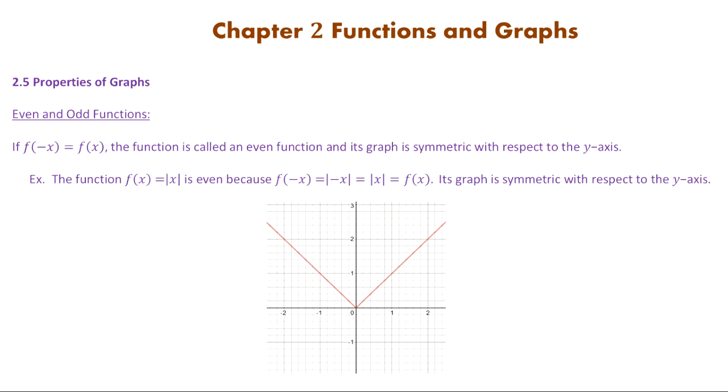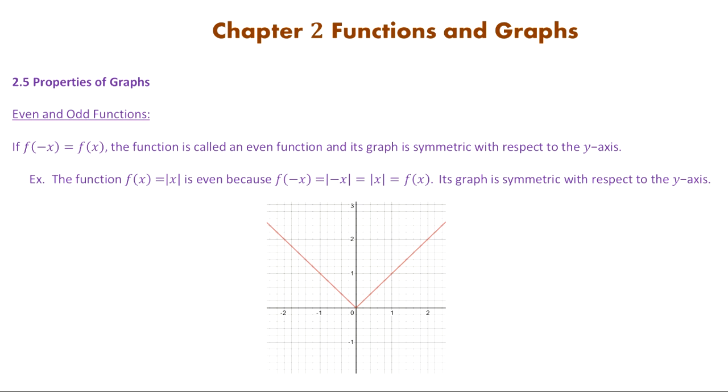Okay, a related topic of symmetry of graphs is called even and odd functions. You probably learned it before. These are just another way to talk about symmetry of graphs. So we talk about the functions being even or odd, not just the equations, the relations.